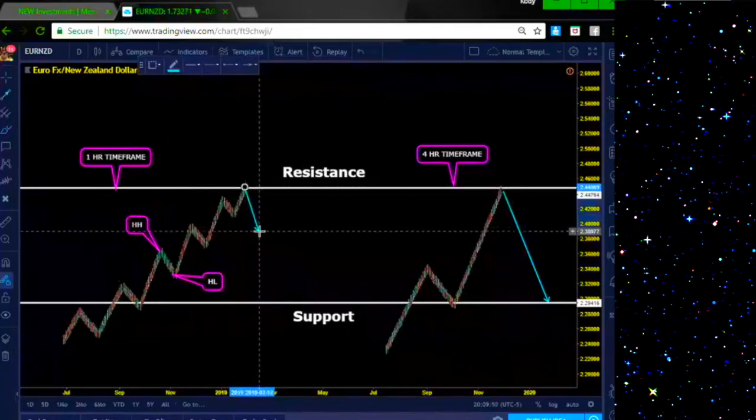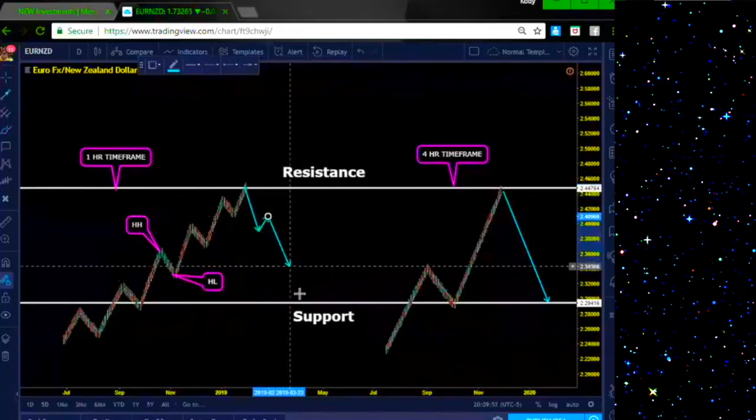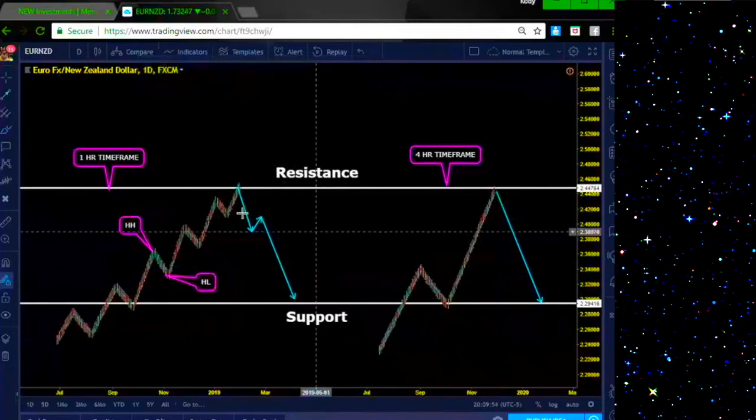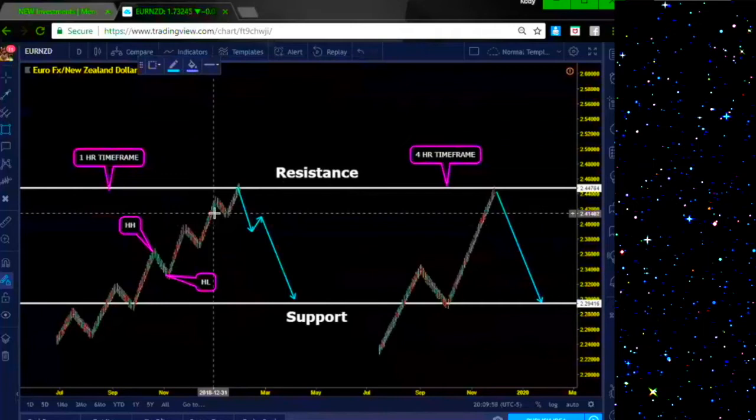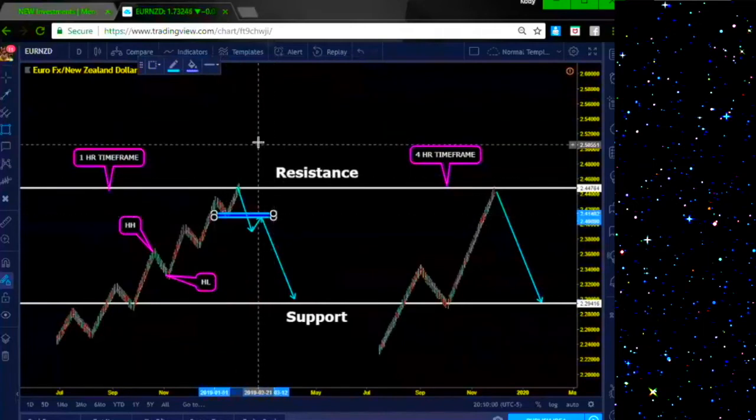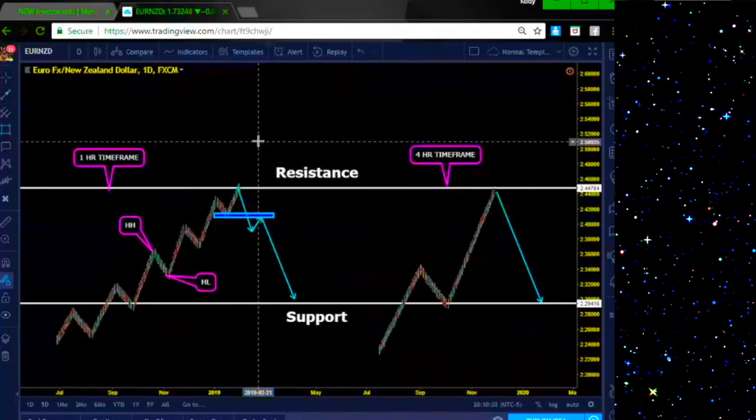Price will have no choice but to cross into bearish structure on the lower time frame, right? Exactly. Before we're ever going to go bearish on the 4-hour time frame, the 1 hour time frame will have to cross into bearish structure before we can go down.